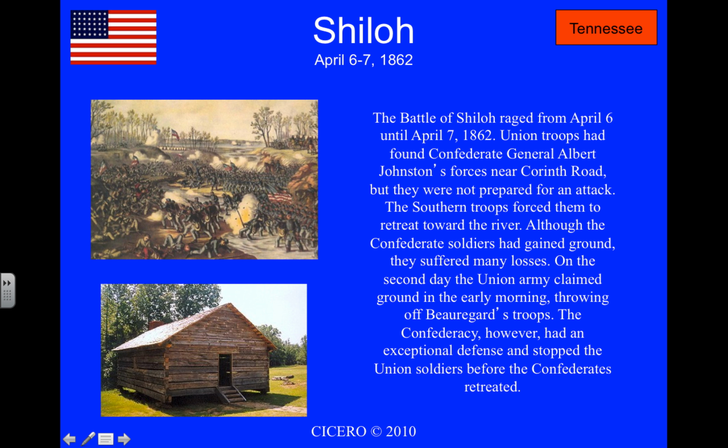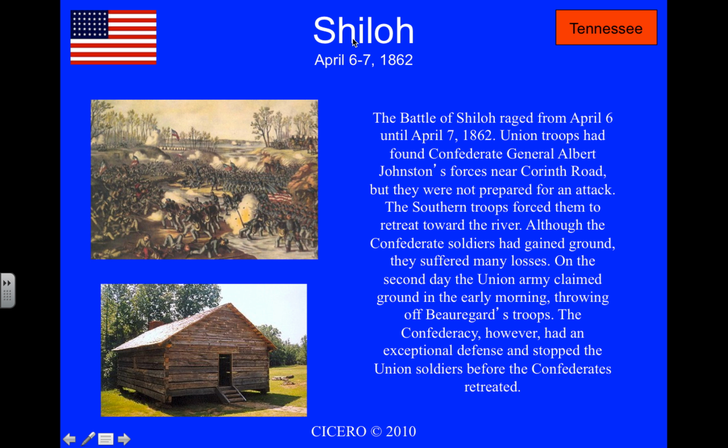It was a longer battle, and eventually both sides suffered very heavy casualties, and the Union soldiers ended up making the Southern soldiers retreat further into Tennessee. So as you can see by the picture, the recreation here, it was a very, very extensive battle.